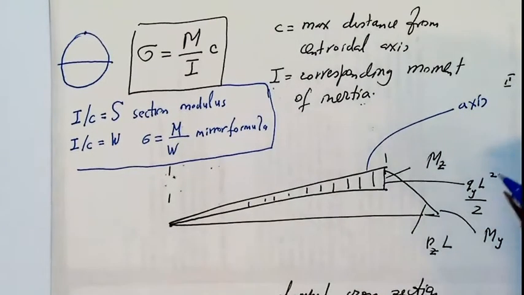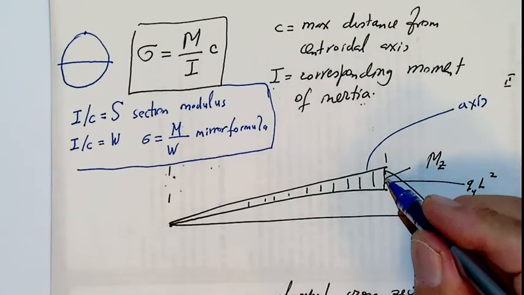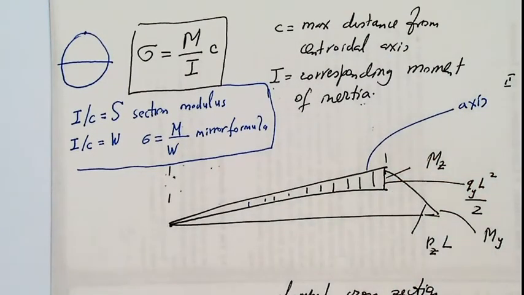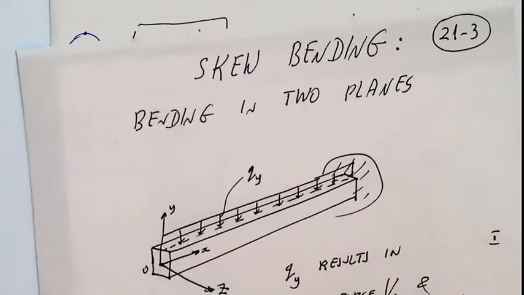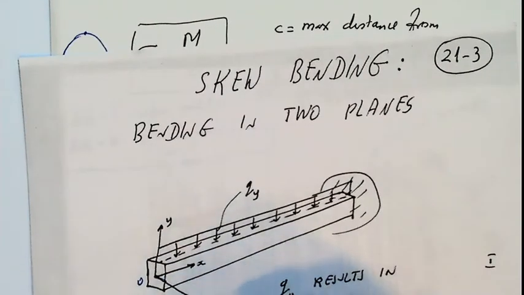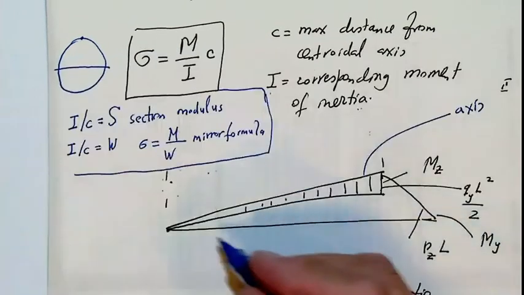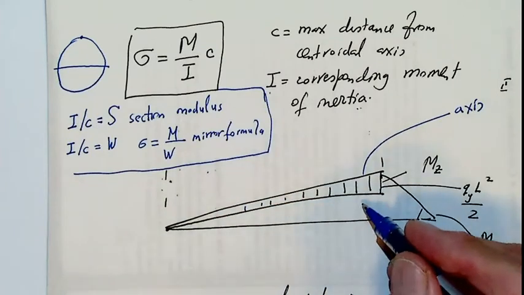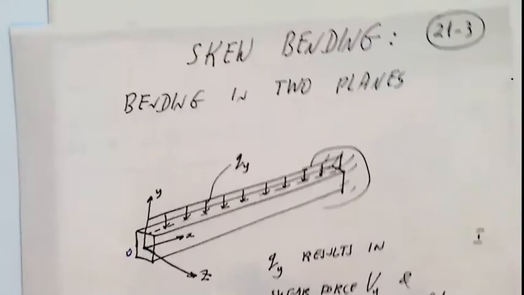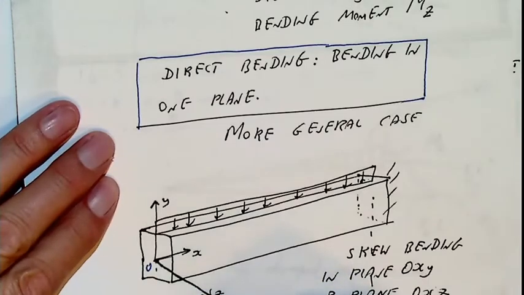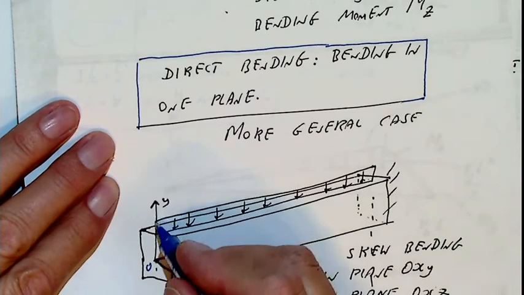Now, look, please. This is a bending moment with respect to the z-axis. We depict it in the plane OXY. So that is this OXY plane. Now, this load gives a bending moment with respect to the y-axis.